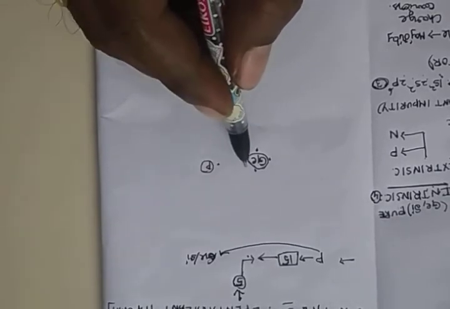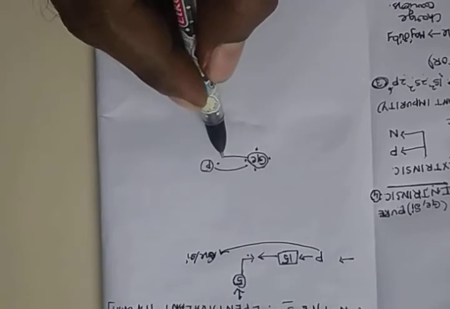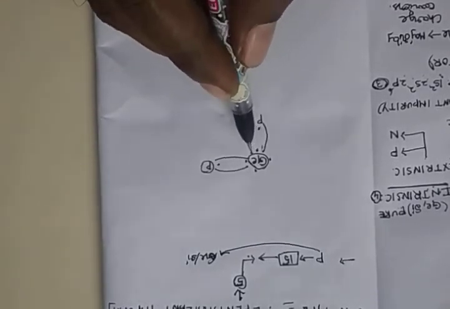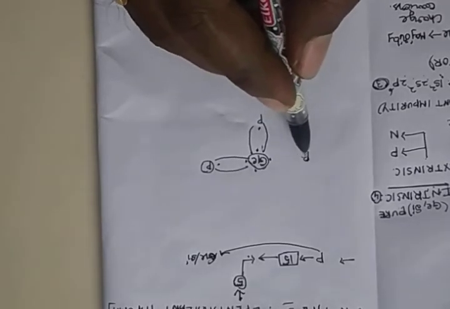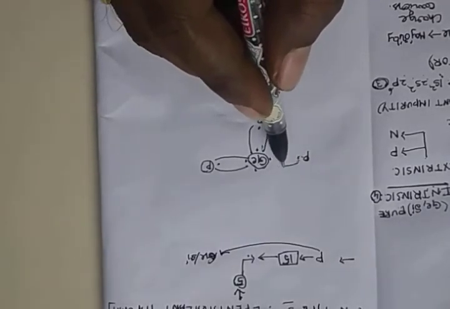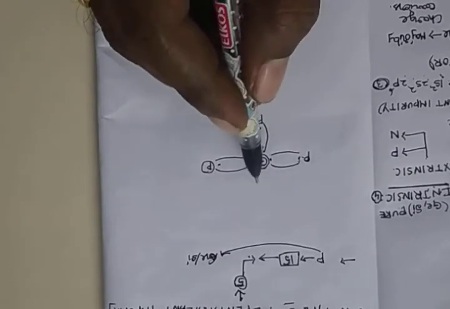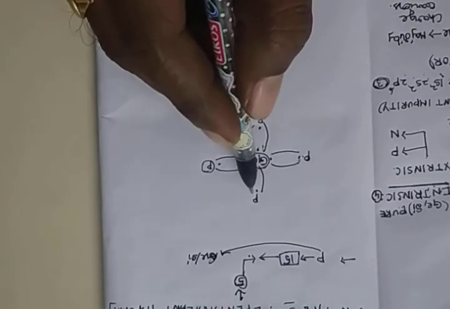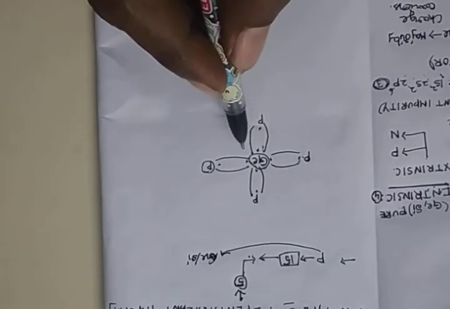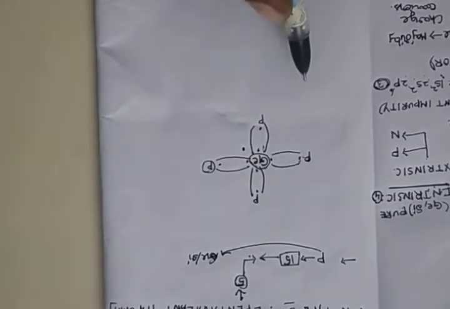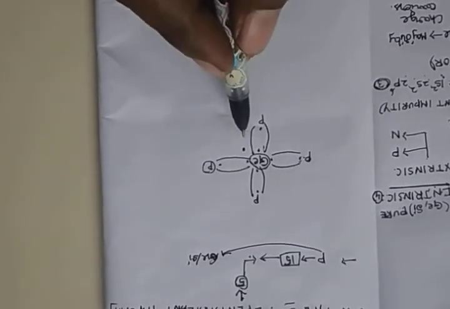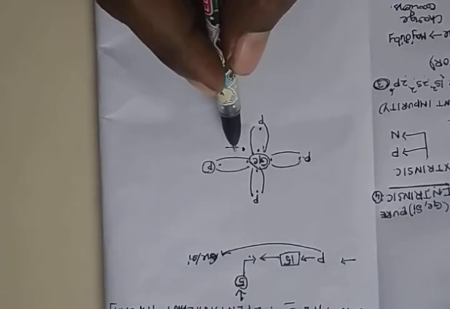Now for the phosphorus, 4 valency electrons are present, and in addition to 4, there exists another one. Totally 5 valency electrons are present, but for the formation of 4 covalent bonds, 4 valency electrons are used and the remaining 1 electron is free.